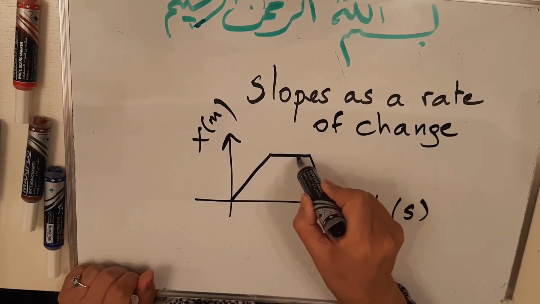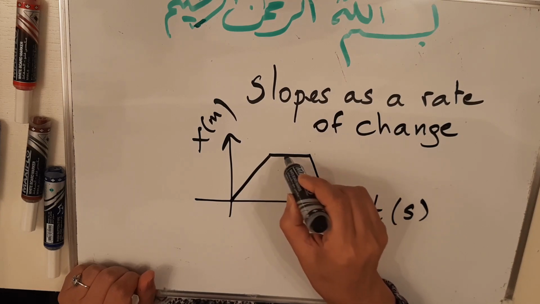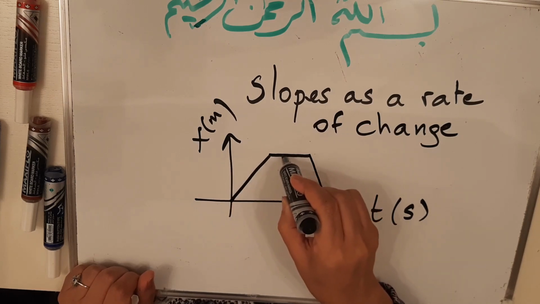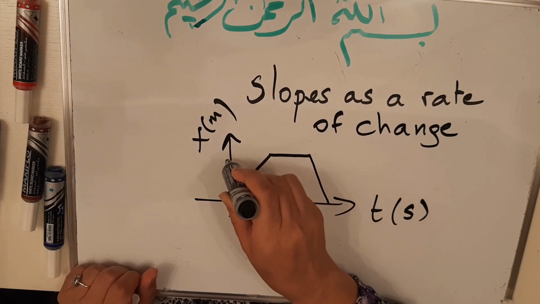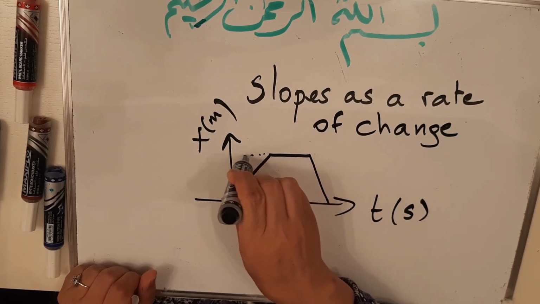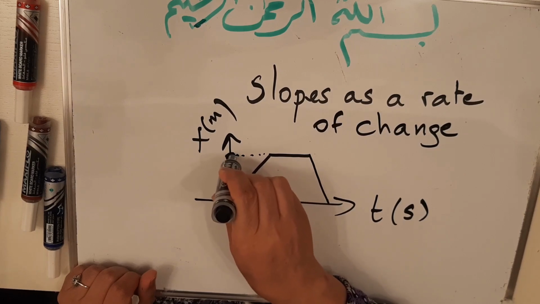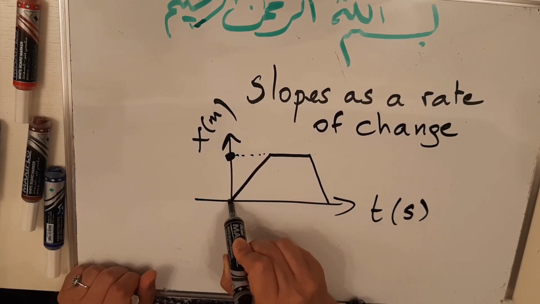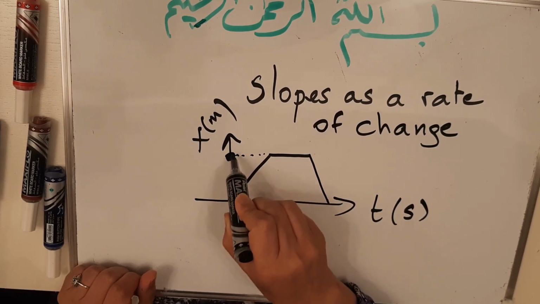So what does that mean for the object? You tell me, is the object moving or is it not moving? It's not moving. It's at this position here. So at the beginning, the object is going up, moving on this axis.